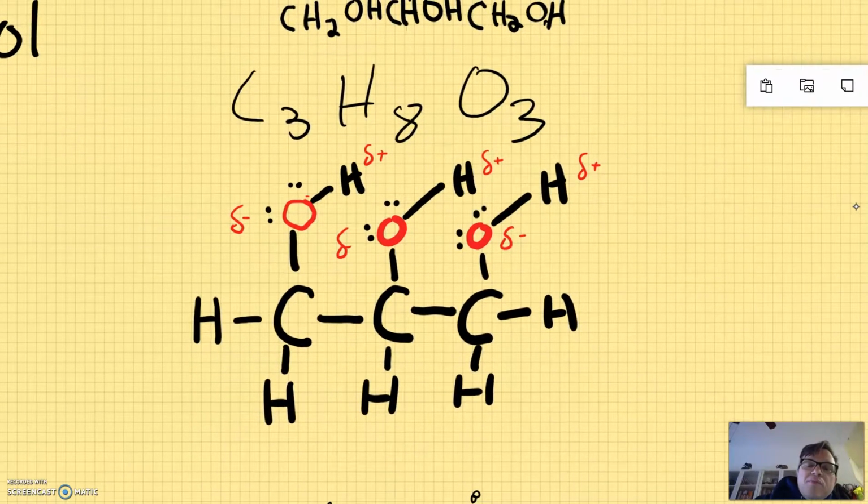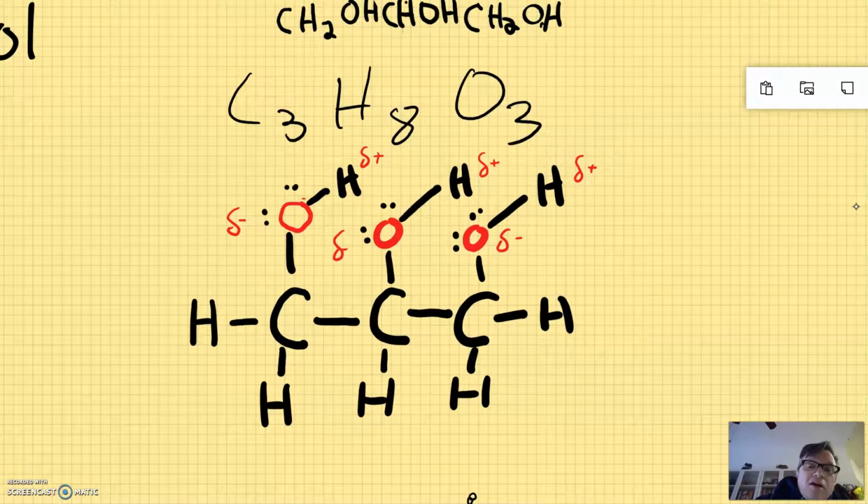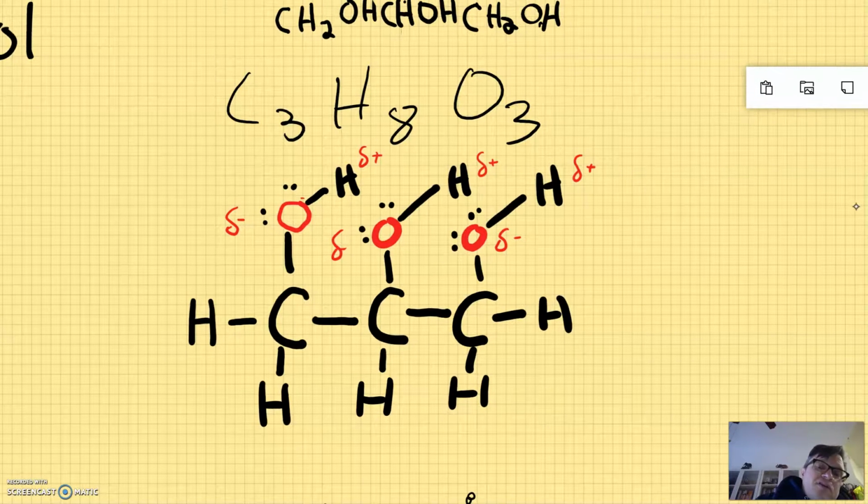So isopropanol had one oxygen-hydrogen, propylene glycol had two, glycerol has three. So as you might expect, having one more oxygen-hydrogen group on this makes it even more polar than the previous two, and so it sticks to itself even better. And glycerol is very viscous, very thick.